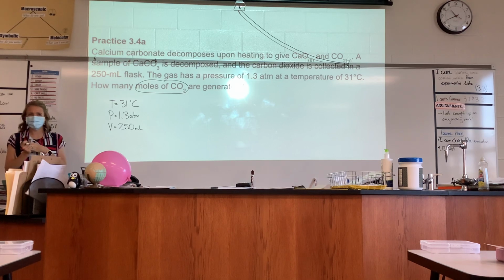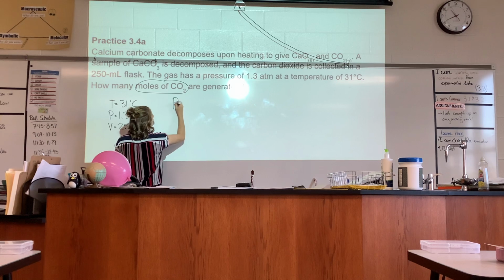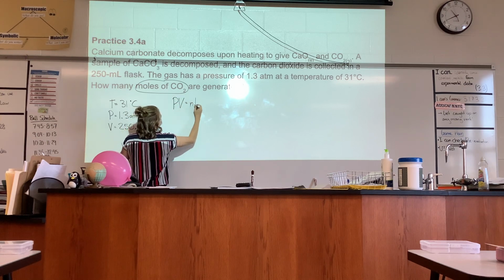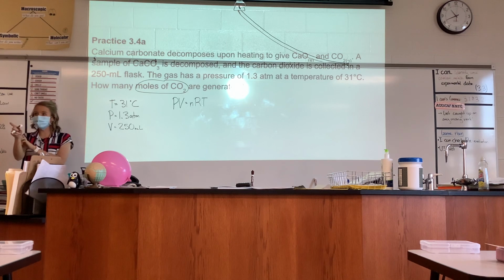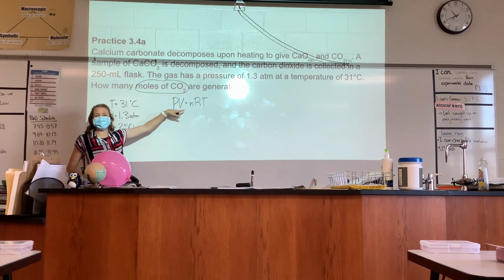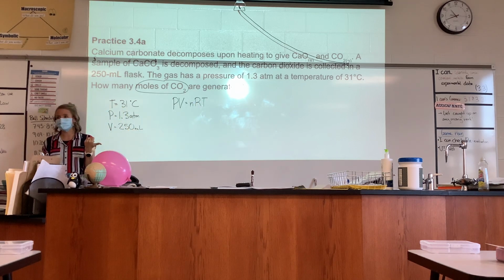What are we trying to find? N. So we've got everything we need. Wait, what's R? R is a constant already given to us. We just have to pick which one to use. My preferred way of solving problems is to move the letters around first and then plug in the numbers.